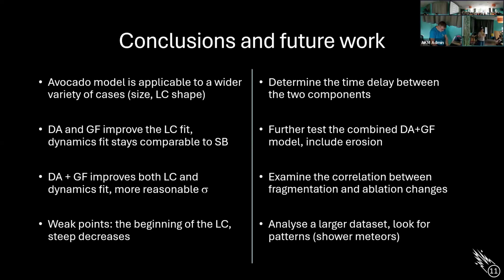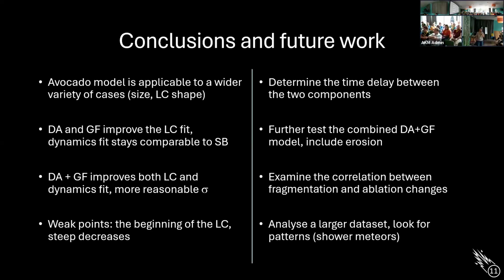But we still have some weak points, namely the decreases in the light curves. We still don't really exactly know where the differential ablation should start, especially for the cases that don't show a correlation between fragmentation and ablation. So that is something to further test in more cases.